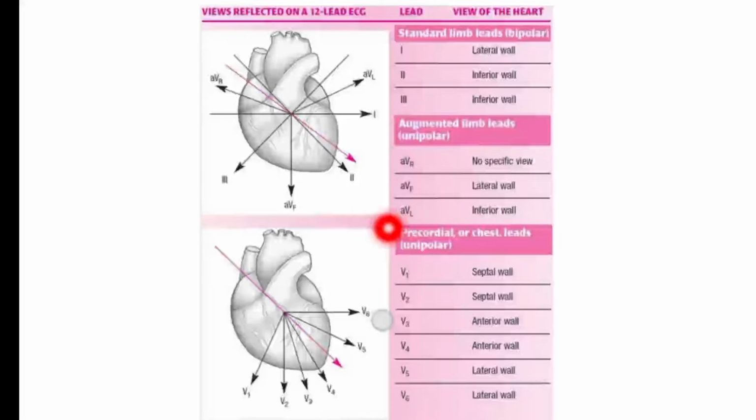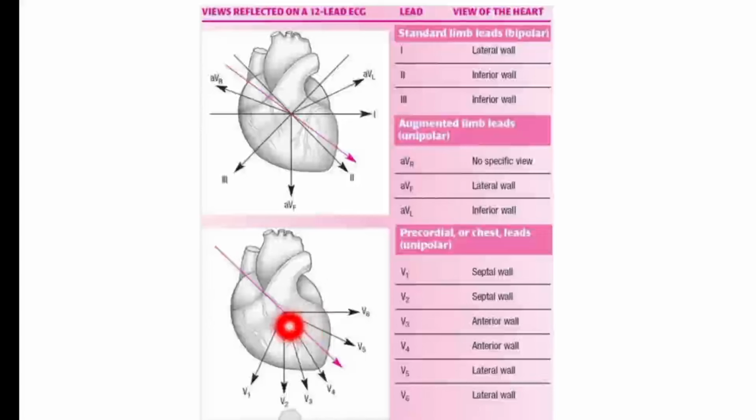Next, coming to the lateral wall, it is denoted with V5 and V6. You can see V5 and V6 denote the lateral wall of the heart, and the anterior wall of the heart is denoted with the leads V3 and V4.